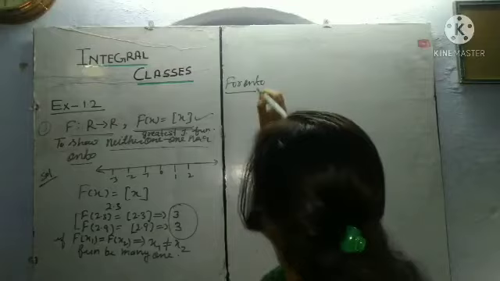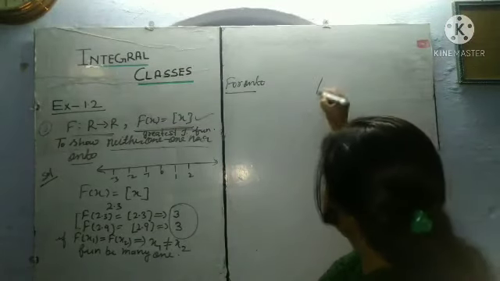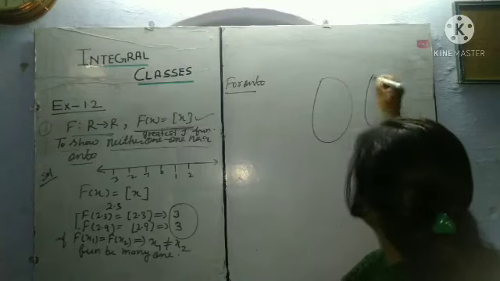For onto, student, suppose we put any value. Now by Venn diagram I will explain here also.